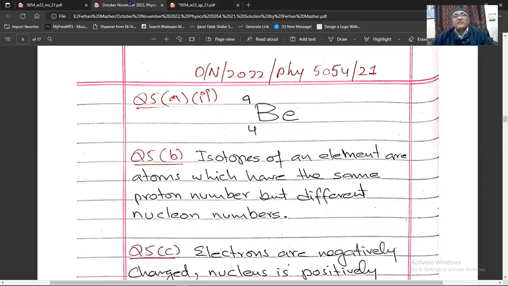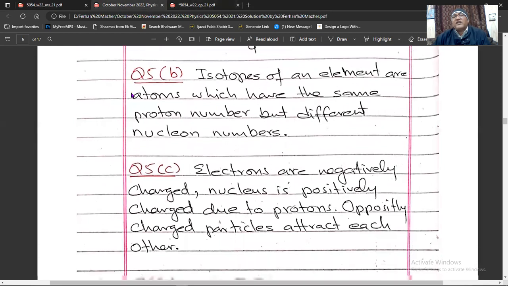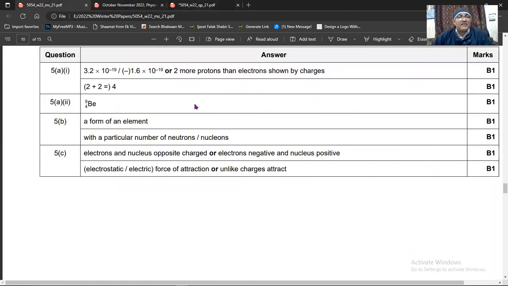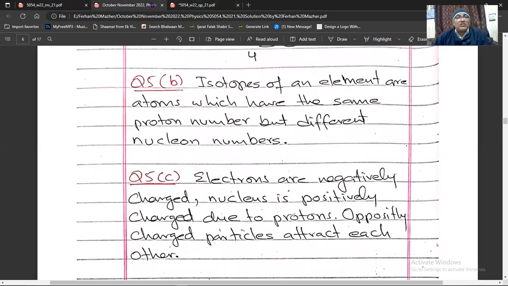The nucleon number is different because they have a different number of neutrons in their atoms. Isotopes of an element are atoms which have the same proton number but different nucleon number. Okay.